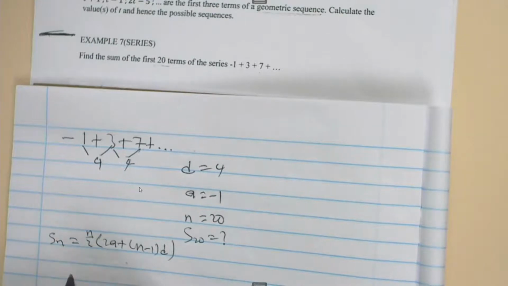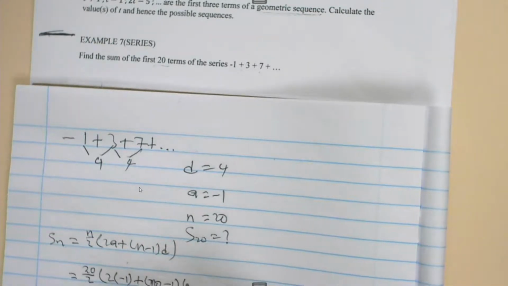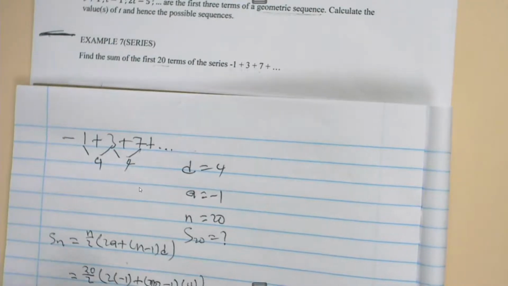We are given n as 20. Therefore, we are going to have 20 over 2 into 2a, where a is -1, plus n, which is 20 minus 1, by the constant difference, which is 4. Now you can punch this on your calculator. You would have the sum of the first 20 terms of this series, that is -1, 3 and 7.